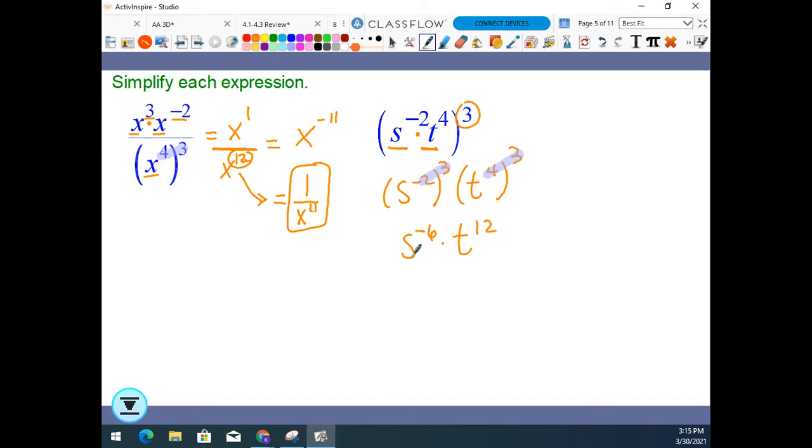But I don't want to leave my negative exponent. I'm going to leave the t to the 12th alone because it's positive, and then I'm going to move the s to the 6th to the bottom because it's negative in the numerator, so it's positive in the denominator. So all your final answers, you should only see one base of each type, and all exponents should be positive.